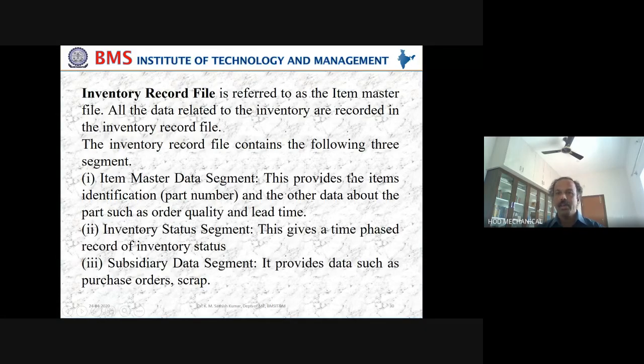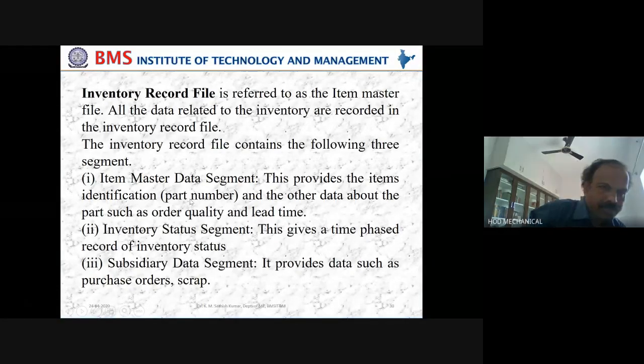Now, let's go through the various segments of this inventory record file one by one. The first one is the item master data segment. It provides the item's identification, that means the part number and other data about the parts, such as order quantity and lead time.